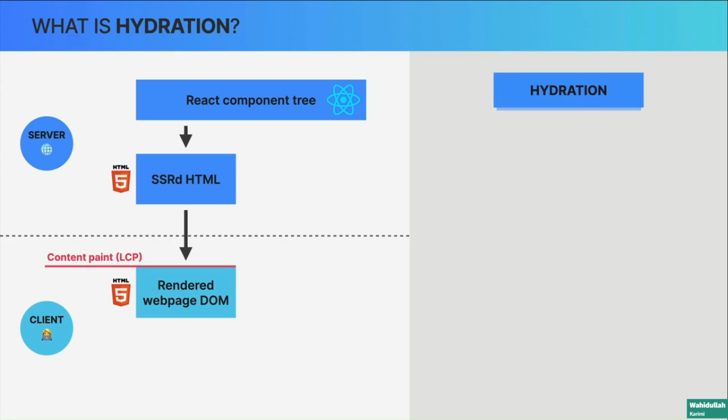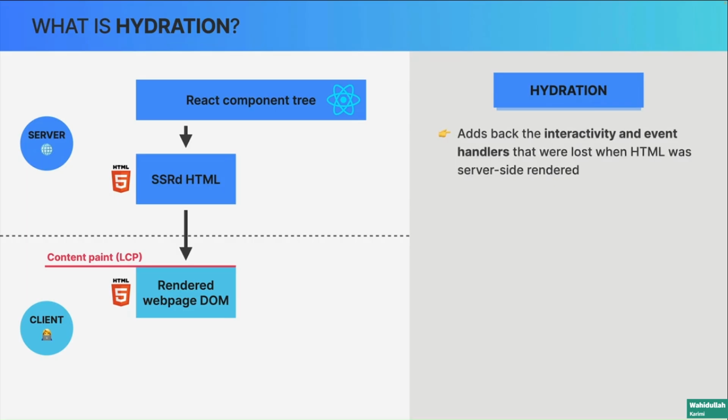So in simple terms, in the context of server-side rendering a React app, hydration is the process that adds back the interactivity and the event handlers that the initial React app had, but that were lost in the process of server-side rendering it. So again, rendering HTML on the server will remove all the interactivity from the React app and will generate only the markup itself.